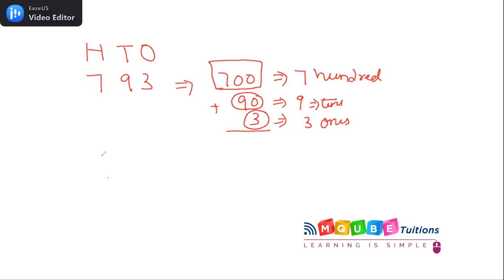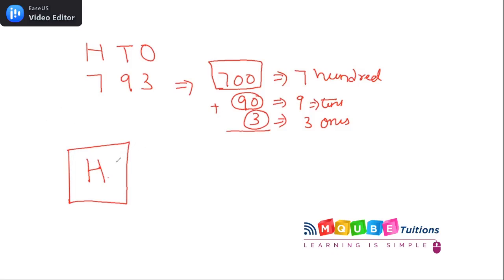So how do we draw 100? There's one big square for 100. It has to be a big square, with an H inside it, because we have a small square for ones, and somebody will get confused then. So this is 100.